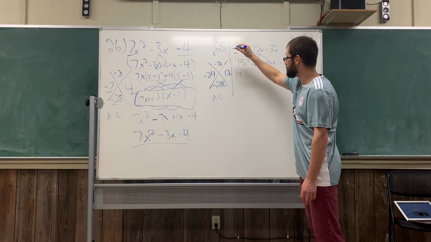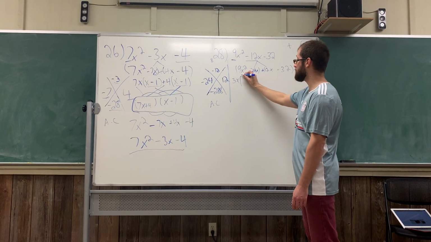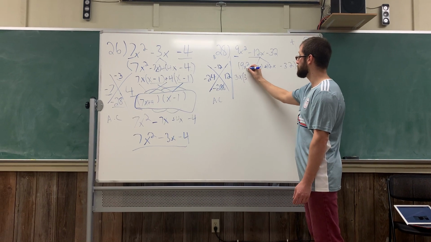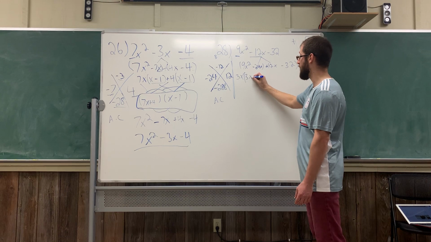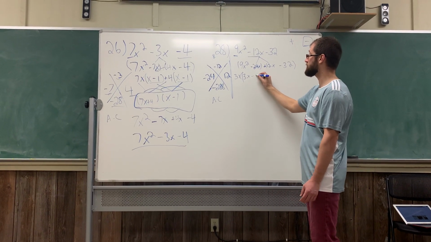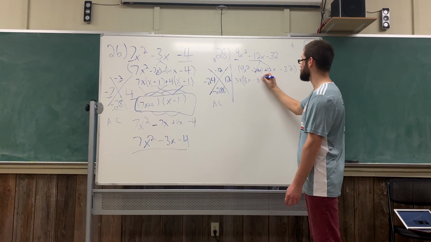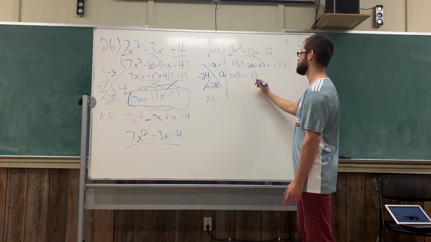I'm going to draw this here to keep that separate. So 3x times 9 divided by 3 is 3. X to the second divided by x to the first is x. 24 divided by 3 is 8. X divided by x is 1. So 3x times 3x minus 8.